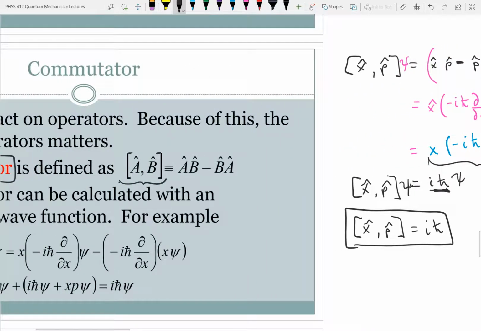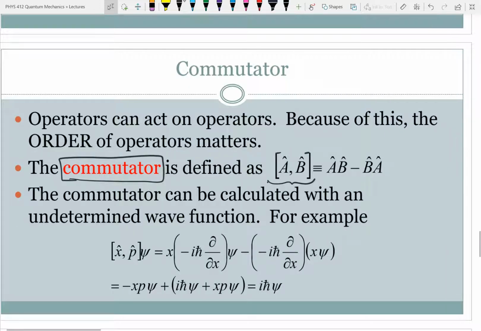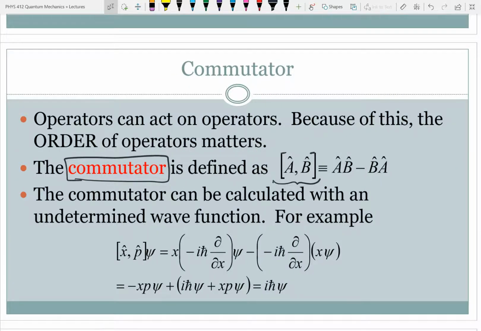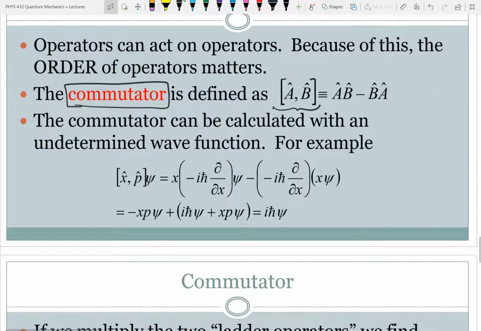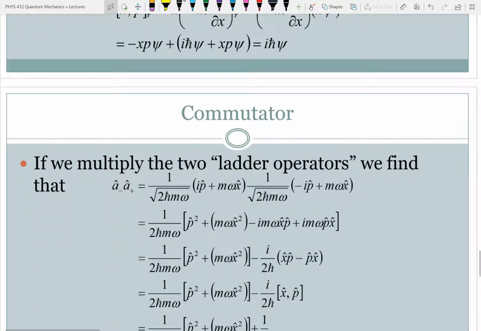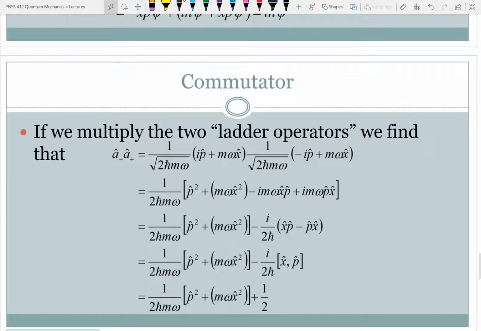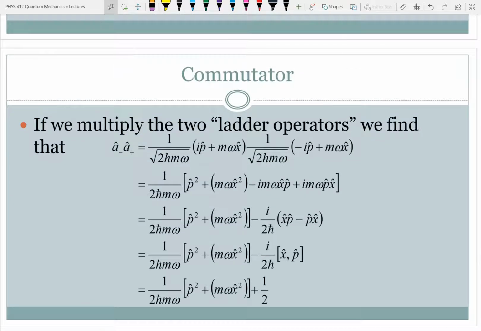I know it seems like that was just an unrelated soliloquy, but no, this was necessary, because what we're going to do is ask what happens if we make these two operators act on each other, the A minus and the A plus.